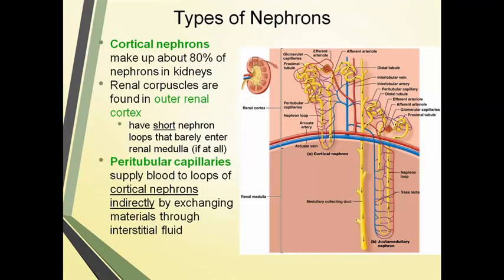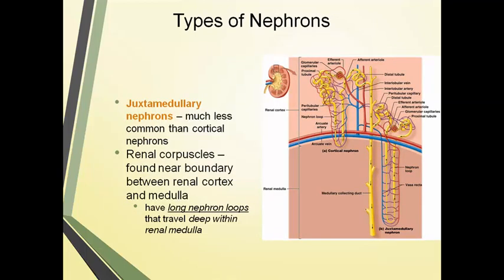There's a couple of different types of nephrons. We said you have the cortex region and the medulla region. So the cortical nephrons are the majority that are found in the outer portion of the kidney. They have very short nephron loops, and they're associated with the peritubular capillaries.